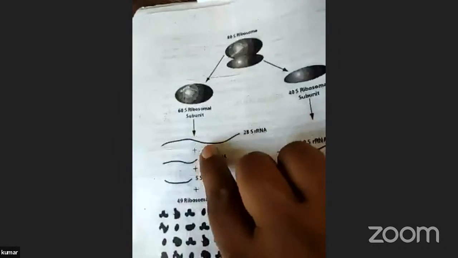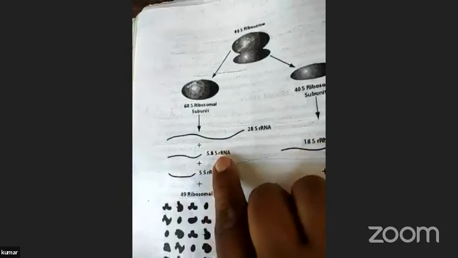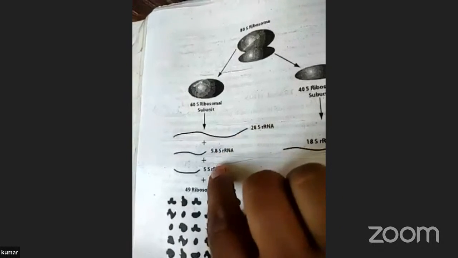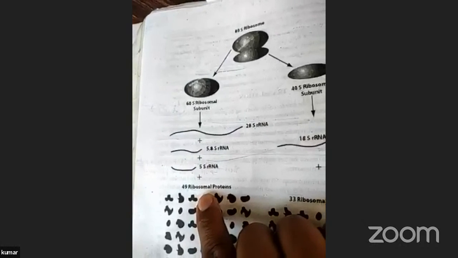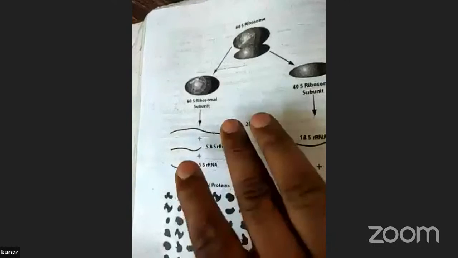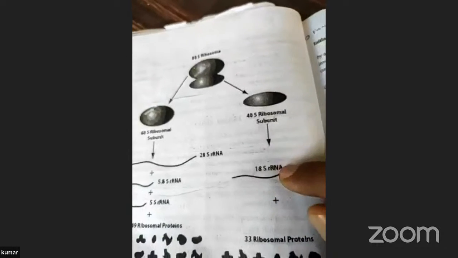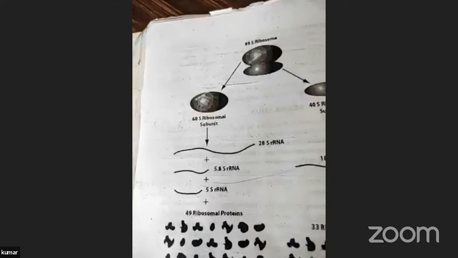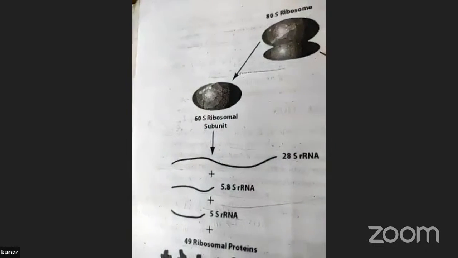The 60S subunit is made up of 28S rRNA, 5.8S rRNA, 5S rRNA, and almost 49 proteins. That means each and every subunit is made up of RNA and protein. The small subunit has 18S rRNA and almost 33 proteins. The peptide transferase enzyme exists only in the 28S region.